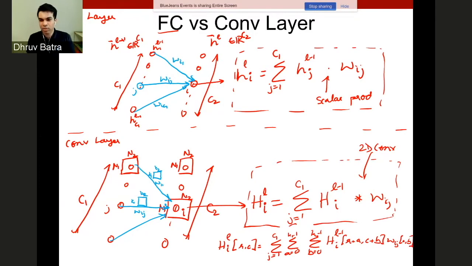So lots of notations, lots of underscores and indices, but the high level stays the same. Every node or neuron or activation now has become a map. It's become a 2D object, and therefore, what do we do with 2D objects? We convolve two-dimensional objects and then we add them together across the channels.